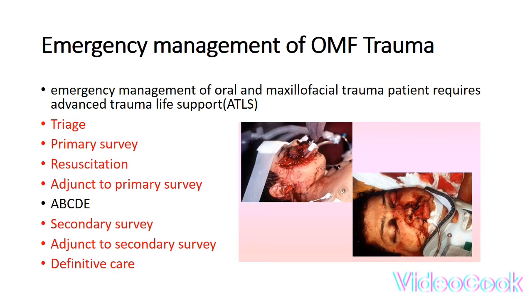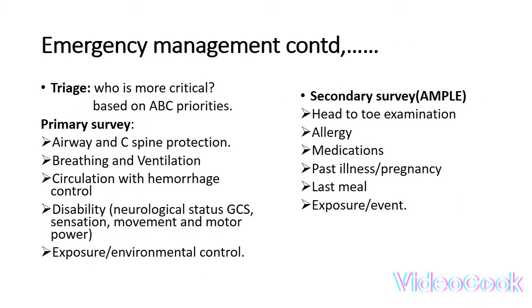The secondary survey is composed of AMPLE, the abbreviation given for it, where A stands for allergy, M for medication, P for past medical history, L for last meal, and E for events or exposure.